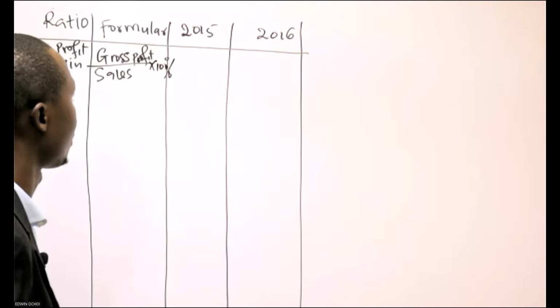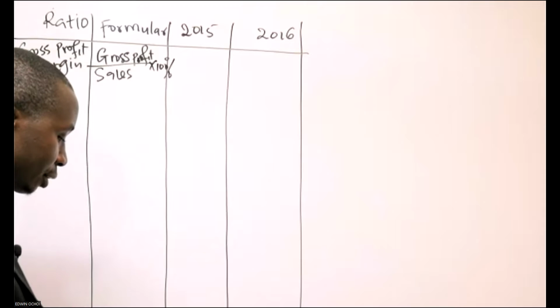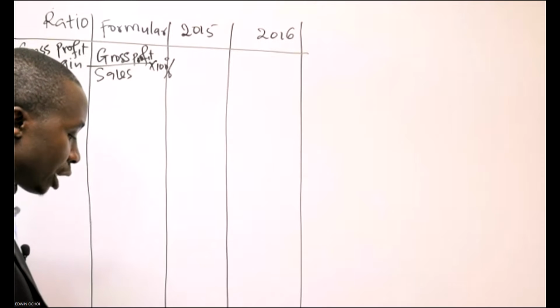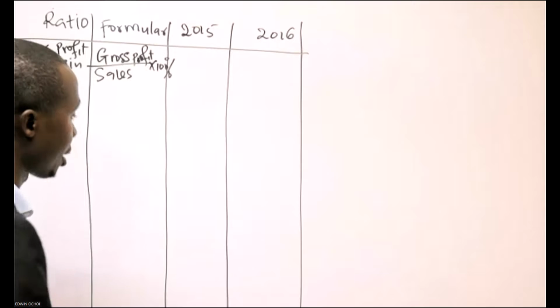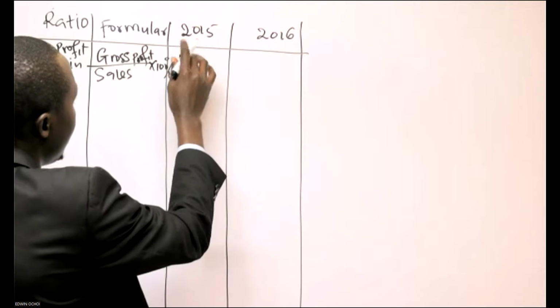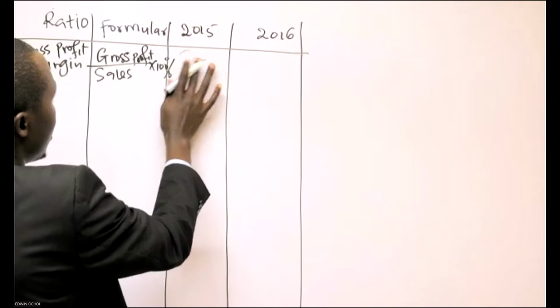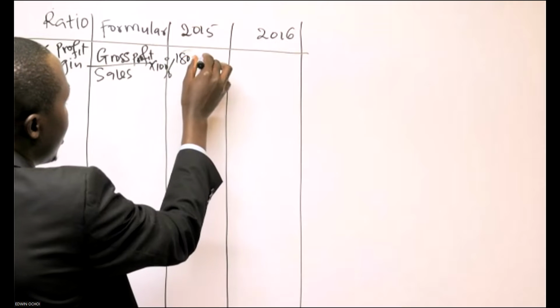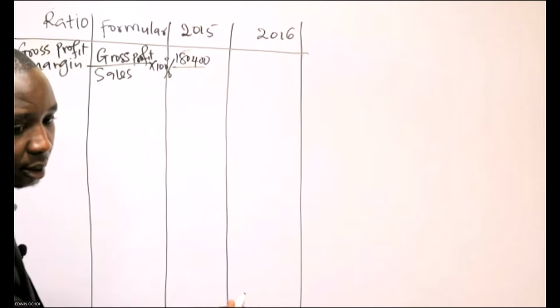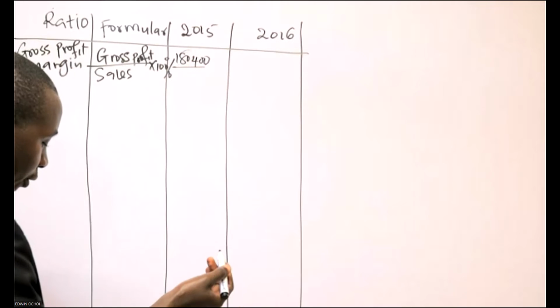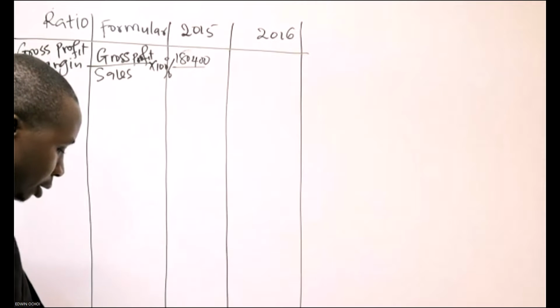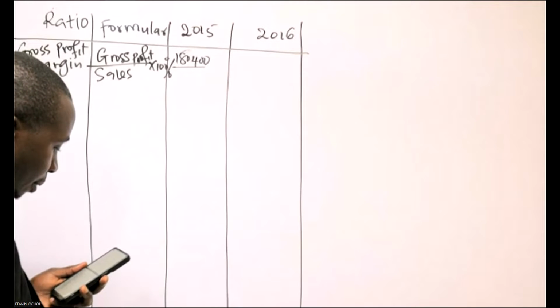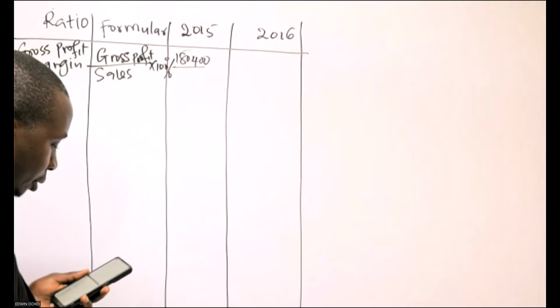You just go to the question for 2015, which is the gross profit? You go to the income statement. Your gross profit is given there, 180,400 over the sales. Sales is 450.